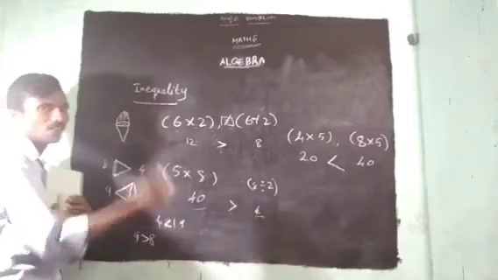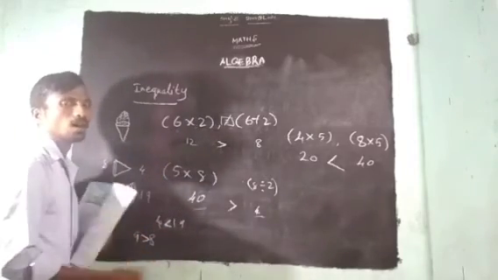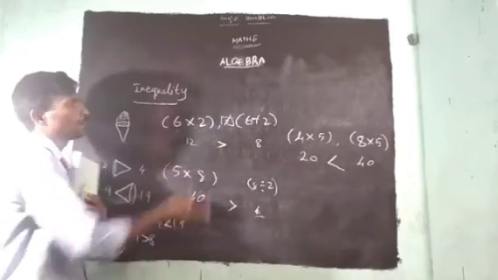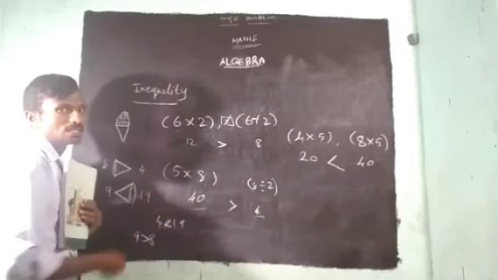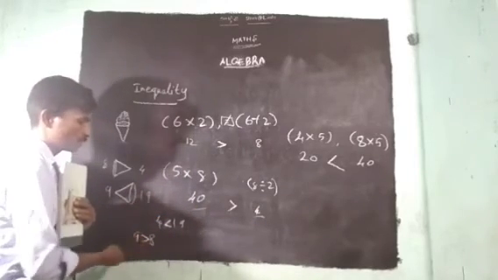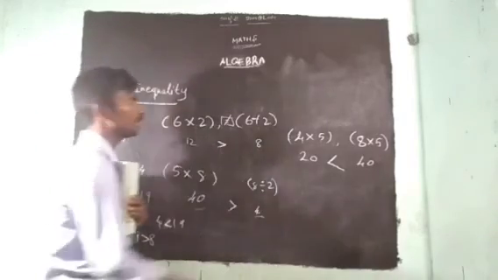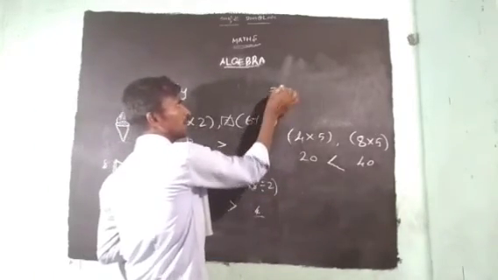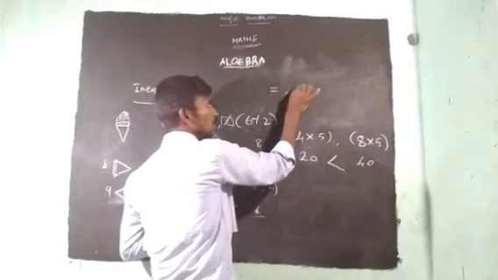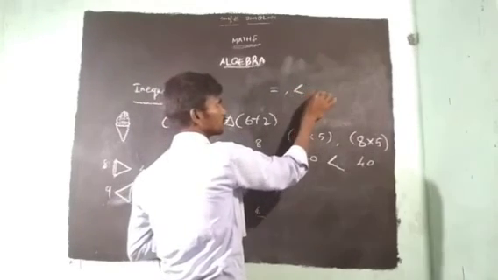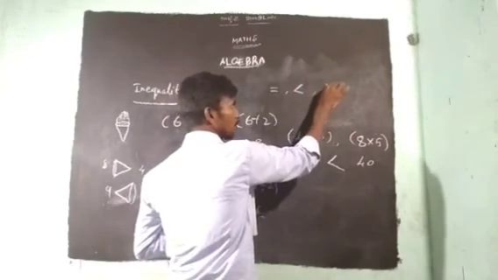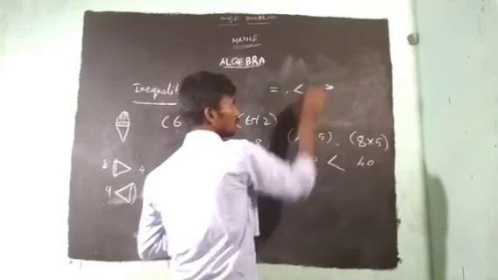Though it is a different value or different answer or different operations, we can relate both the things. What are the symbols we are using here? Equal, less than, and greater than.